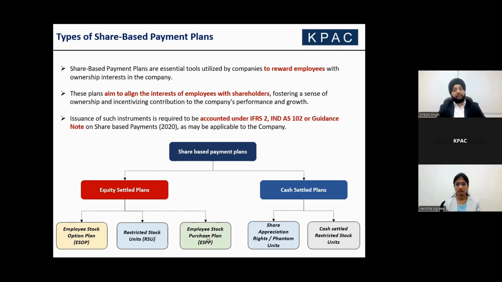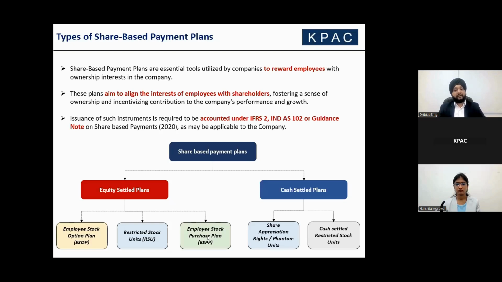Second are RSUs, which are the same as ESOPs, but employees don't have to pay any exercise price, and they receive the shares outright once vested. The third are ESPPs, which allow employees to buy company shares, often at a discount, through payroll deductions over a specific period, although ESPPs are not widely used in India compared to the other types of plans.